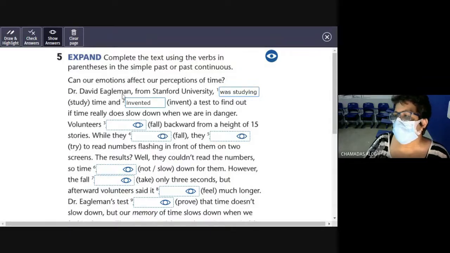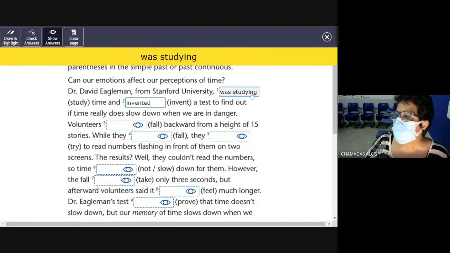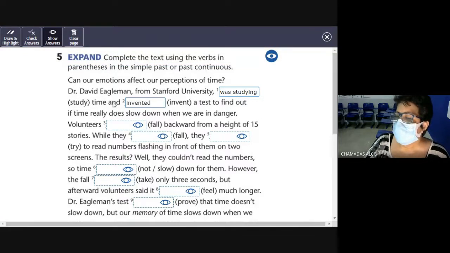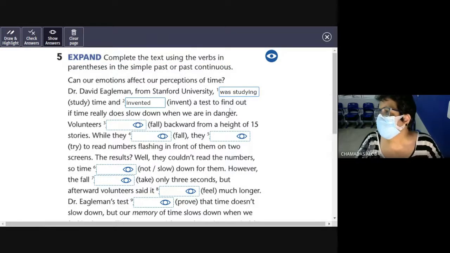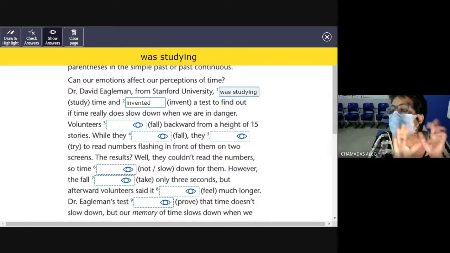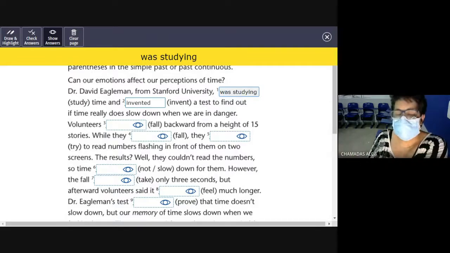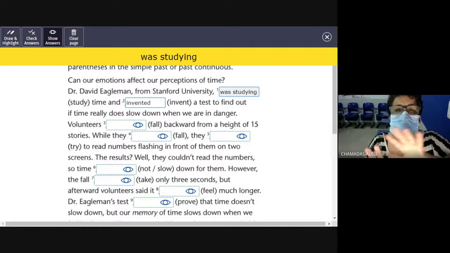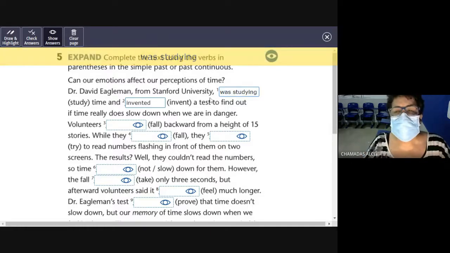Look, Dr. David Eagleman from Stanford University was studying time and invented a test to find out if time really does slow down. So here, the idea is that when he was studying about time, he invented a test. Okay, so it was in the period when he was studying.